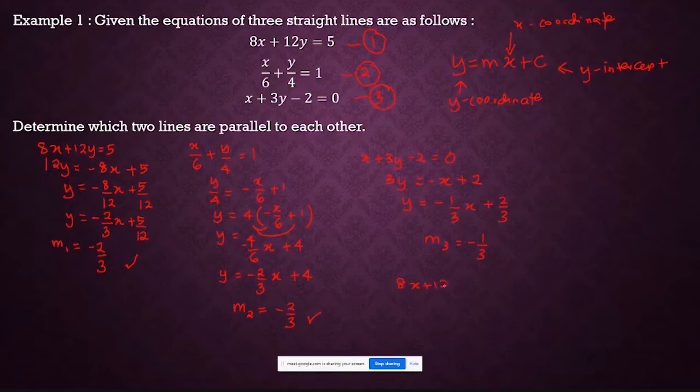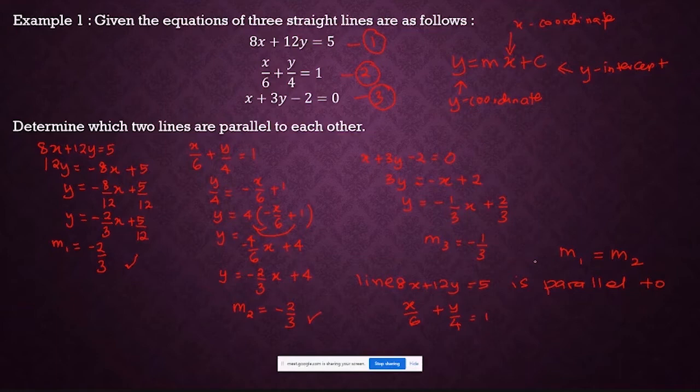So we can say the first line 8x plus 2y equal to 5 is parallel to 9x over 4 equal to 1. Why? Because our m1 equal to m2.